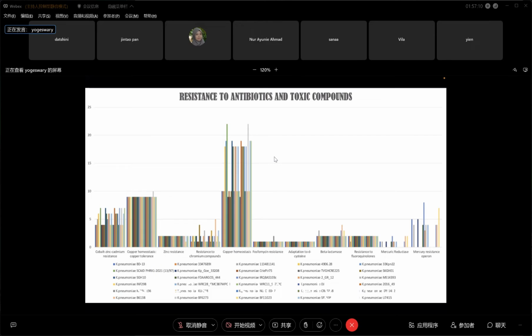So the first subdivided group, resistance to antibiotic and toxic compound, contains four main subcategories: cobalt-zinc-cadmium resistance, copper homeostasis, copper tolerance, zinc resistance, and lastly beta-lactamase.